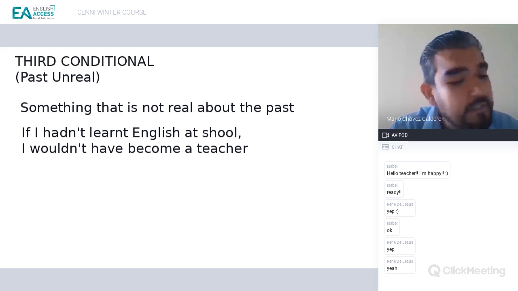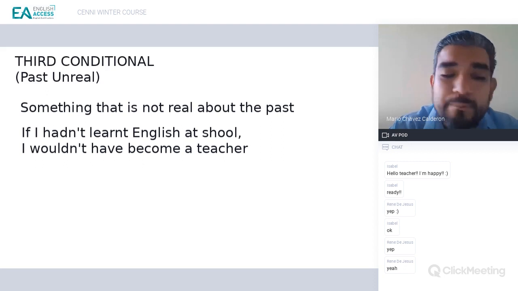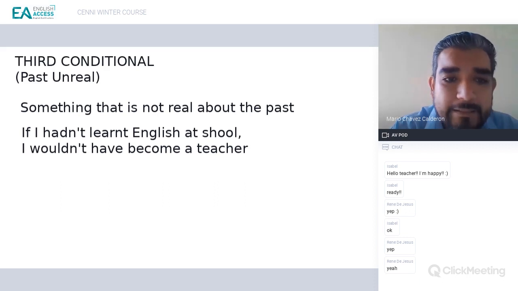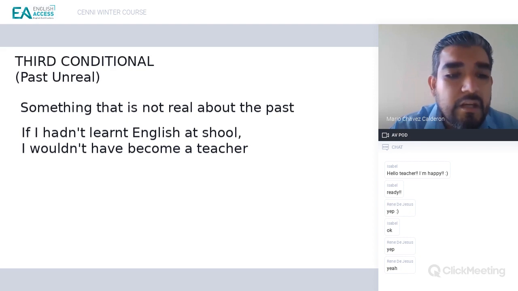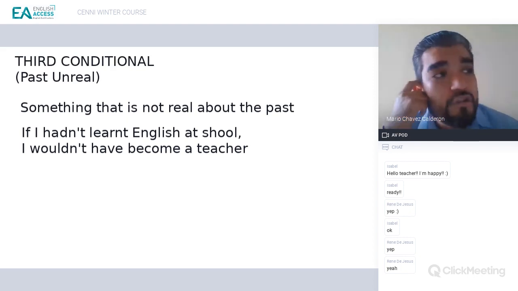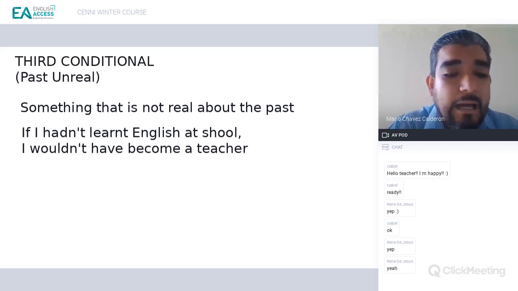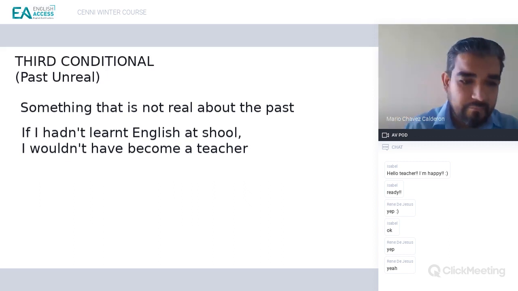Okay? So it's something that is not real about my past. So I use past perfect and then I use a perfect modal. If clause with past perfect and the condition with a perfect modal. In this case, the perfect modal is wouldn't have. Usually we can use wouldn't have or couldn't have. I couldn't have become a teacher makes also sense.